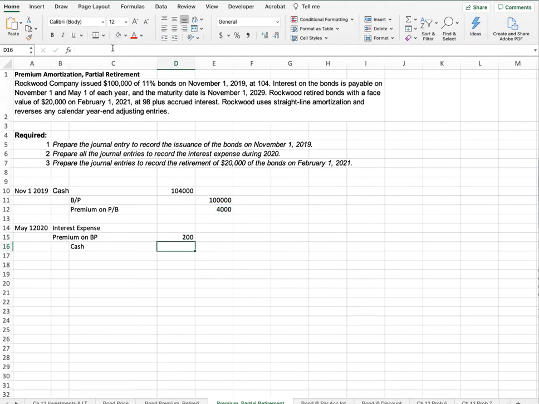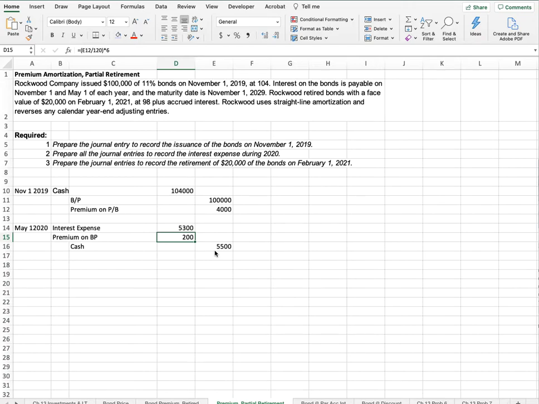And so we get 200. To calculate the interest on the 100,000, we'll say equals 100,000 times 0.11, because it's 11% bonds, times it's twice a year, so 1/2, and we get 5,500. And then of course the interest expense would be that 5,500 minus our 200 for 5,300.